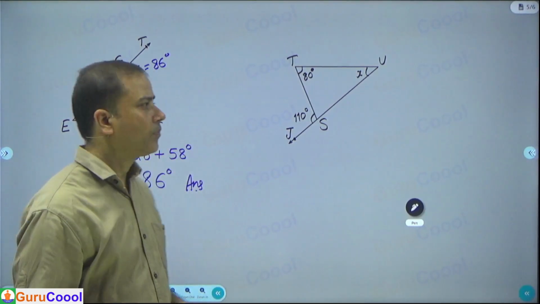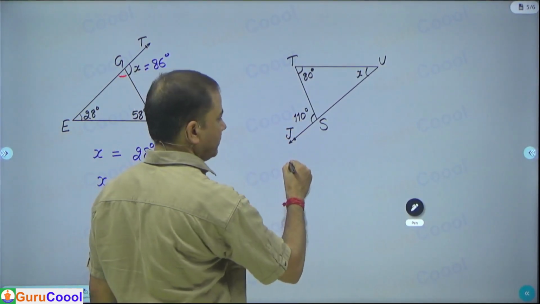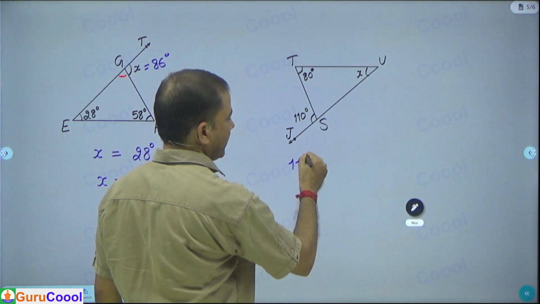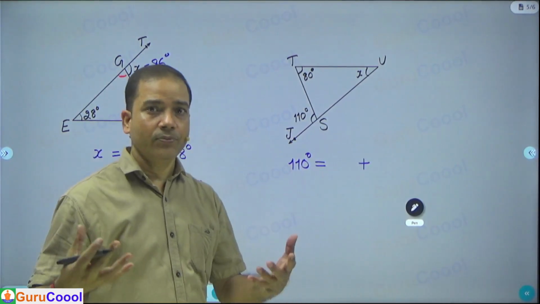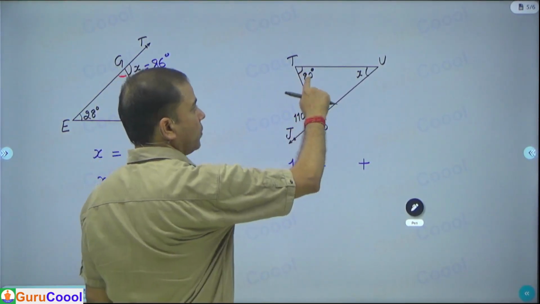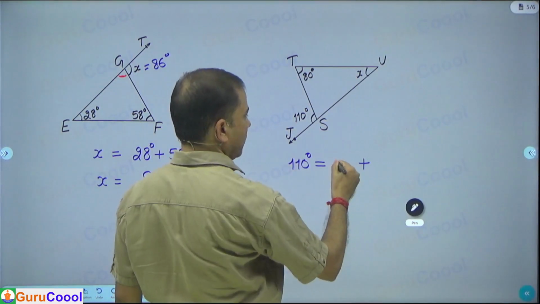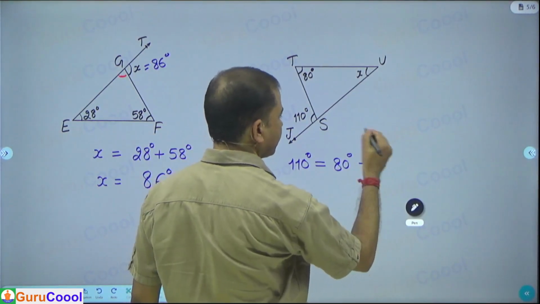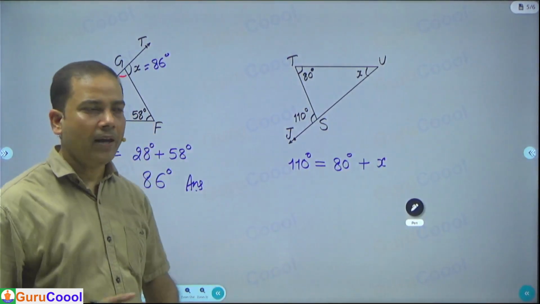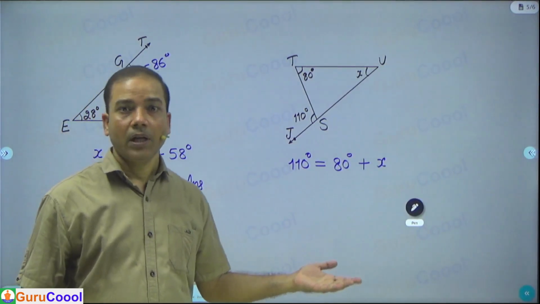And what is that? The exterior angle is equal to the sum of what? The sum of the opposite interior angles. So 80 degrees plus x. We behaved in the same manner and we got an equation.